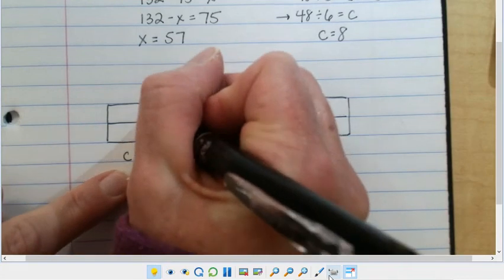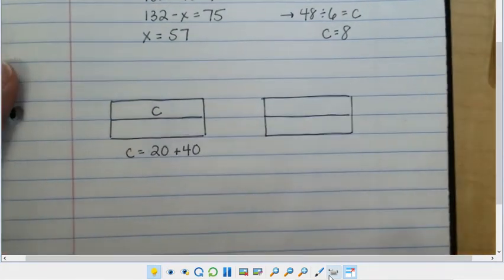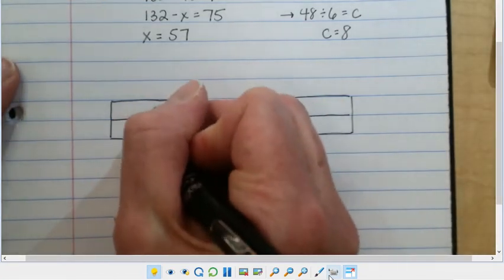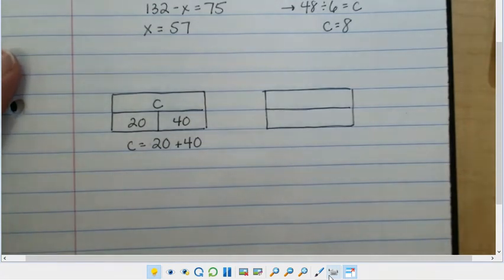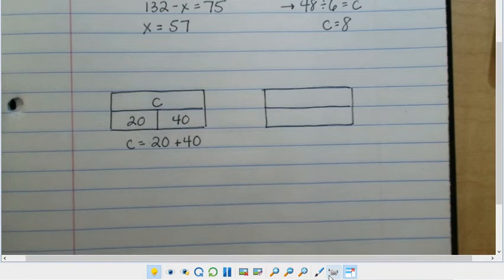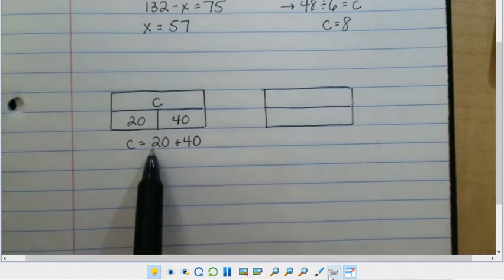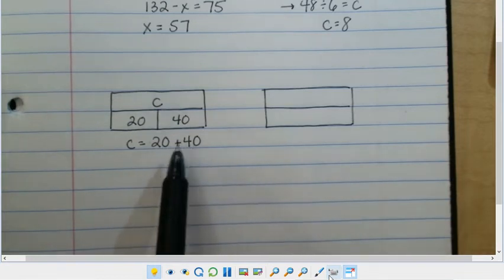So C should be my total up at the top. And then my boxes would be 20 and 40. And this one is pretty straightforward because we have all of our adding on one side.